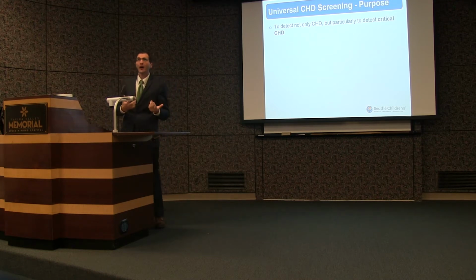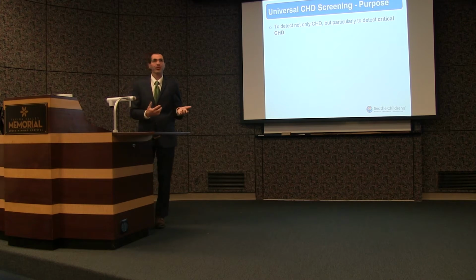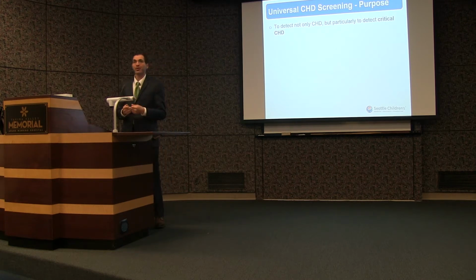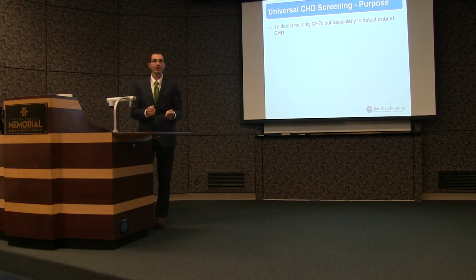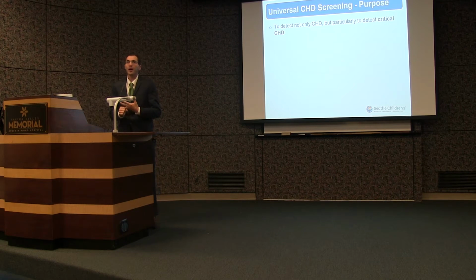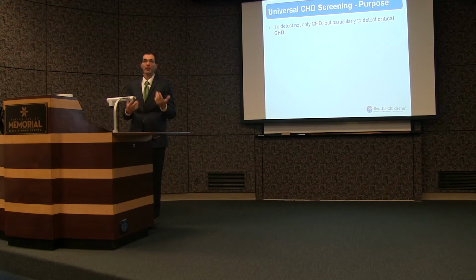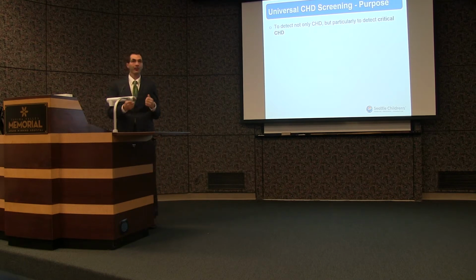So I think the primary objective of the universal CHD screen is not only to detect congenital heart disease, but really to detect the critical congenital lesions. If you have a patient who has an ASD, VSD, those patients are not necessarily going to be symptomatic after birth, and they can potentially be followed just as an outpatient. We're really more interested in the patients that can potentially be a hypoplastic left heart syndrome or a critical coarctation that we need to act very, very quickly.